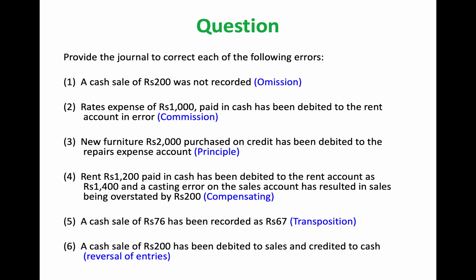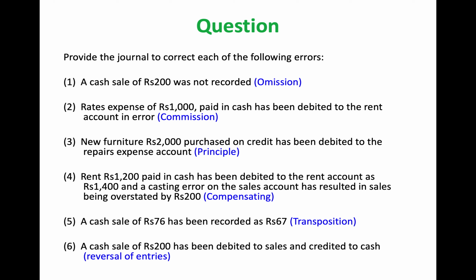Rates expense of 1000 rupees paid in cash has been debited to the rent account in error. This is an error of commission because it is the expense account in the P&L for both postings. However, this is not the right expense account.